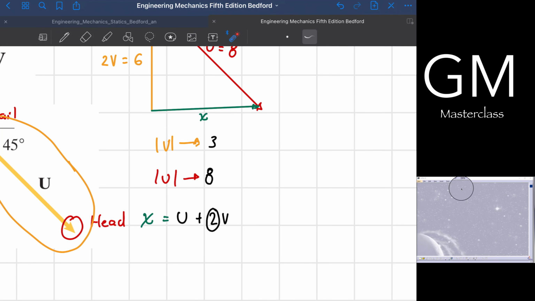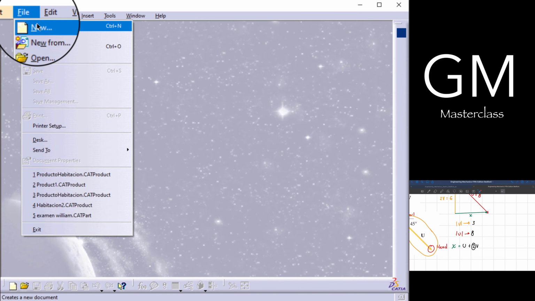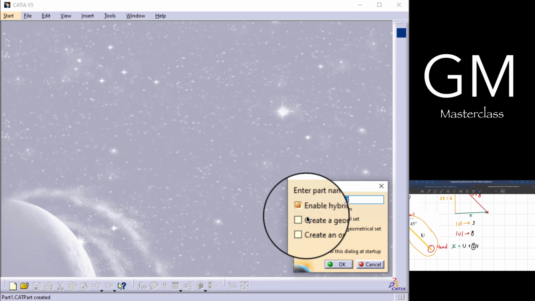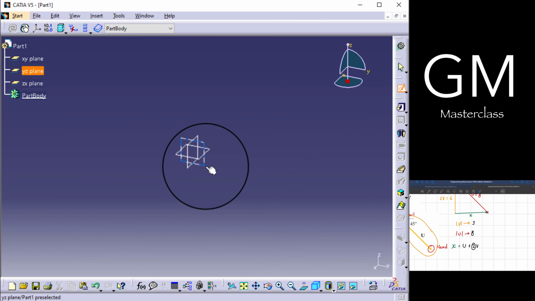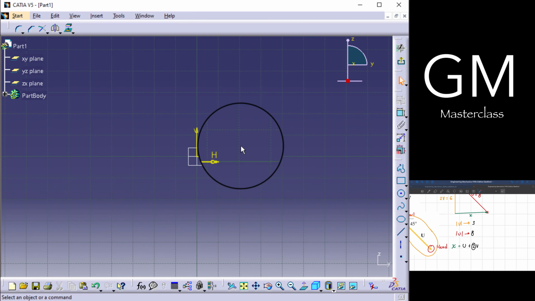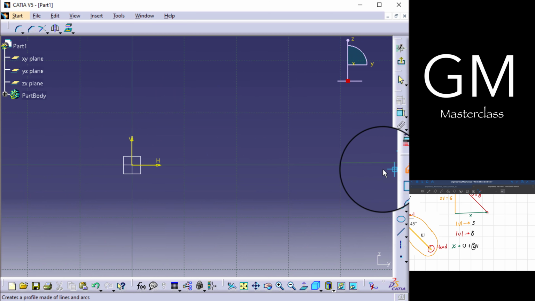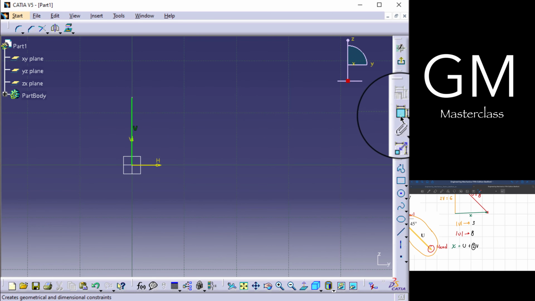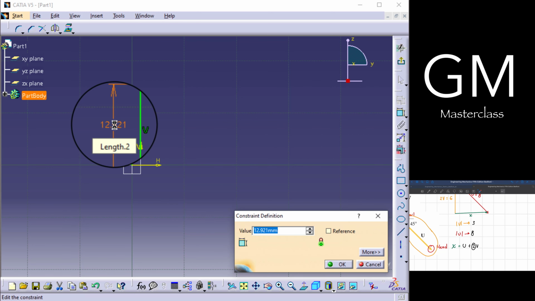So maybe I'll prepare some tutorials of CATIA V5, but for now I just gotta click here, part 1, okay, sketch, do a sketch on whichever plane, and then I'm going to create a line here that is going to have a length of 6.